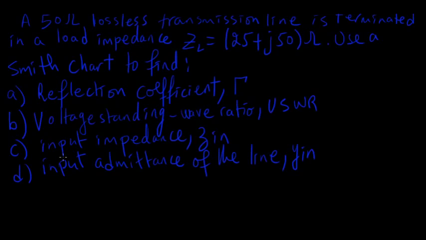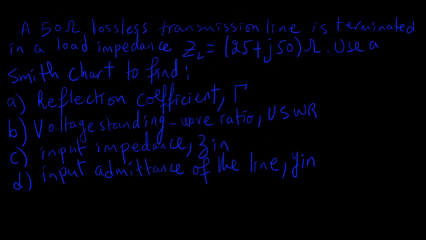However, before I start with the Smith chart, I just want to get the normalized ZL value, which is the normalized impedance. Actually, the normalized one is usually a small z, but let's just call it normalized.